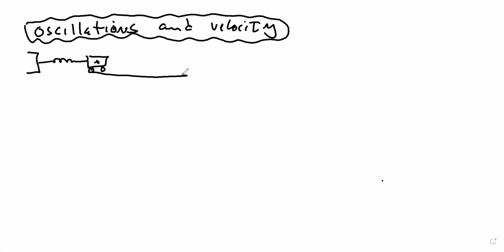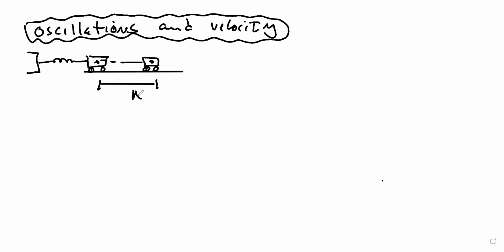Okay. Hold on, let me do the picture a little better looking. And we're going to displace this mass over here. So what we have here is the displacement. That's your displacement.